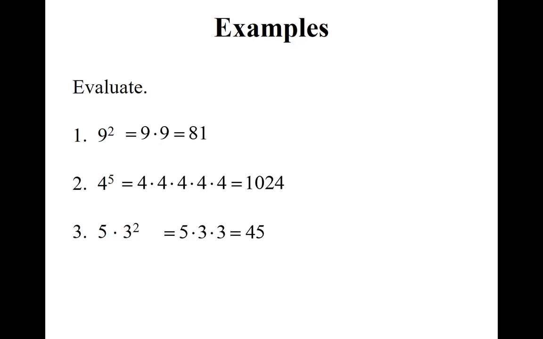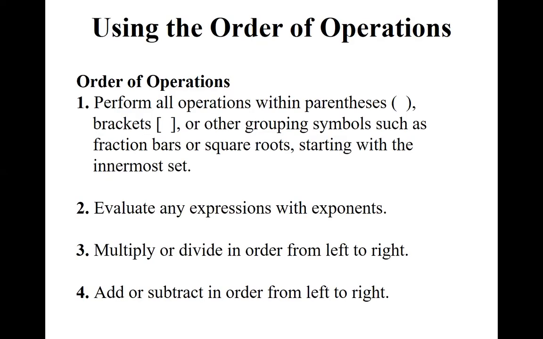Wouldn't it be nice if there was a special rule that said we would do the exponent before the multiplication? A rule that specifies, hey, don't do 5 times 3 is 15 first. It turns out we have just such a rule, and that rule is called the order of operations. When doing the order of operations, step 1 is to perform all operations that are within parentheses or brackets, or other grouping symbols such as fraction bars or square root signs, starting with the innermost set.